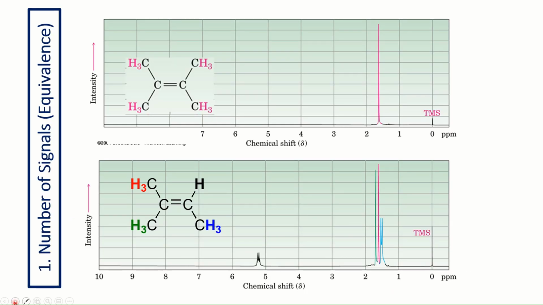Look at this fella here. You can see here, for example, we have these alkenes, and you can see that all those methyls on top are homotopic, and so they appear as 1 signal because there's a center of symmetry here and here. On the other hand, we don't see any line of symmetry here or here.